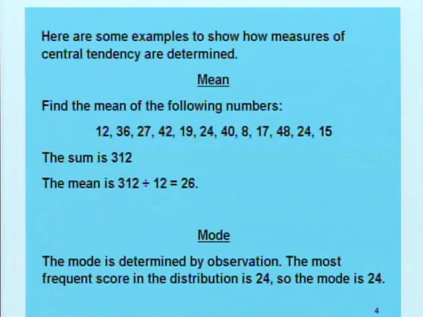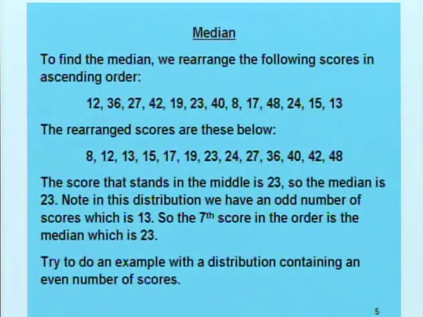So the mode is 24. The median. To find the median, we rearrange the following scores in ascending order. Those are the numbers given: 12, 36, 27, 42, 19, and so on.